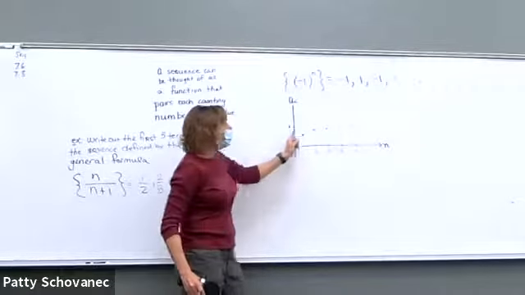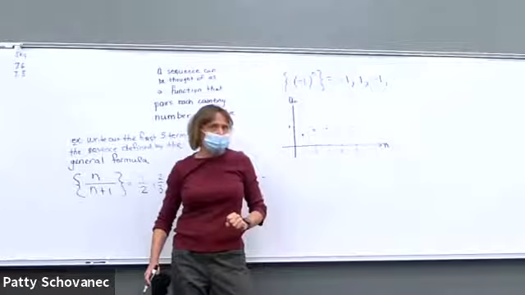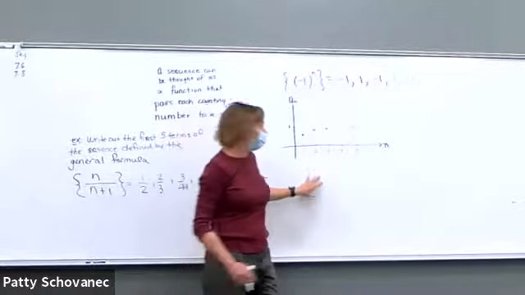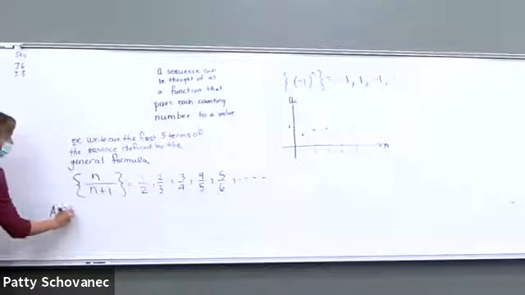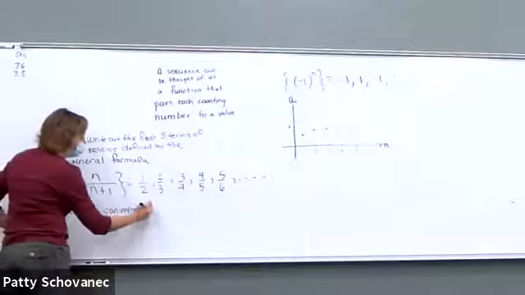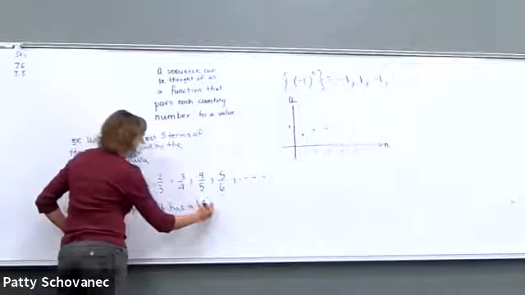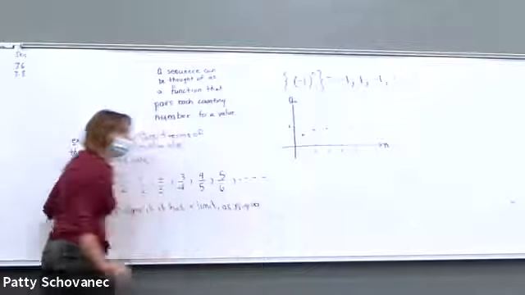If you have a sequence of values that has a limit, then we say that that sequence converges to that limit. This particular sequence converges to 1. A sequence converges if it has a limit as my counter goes to infinity.